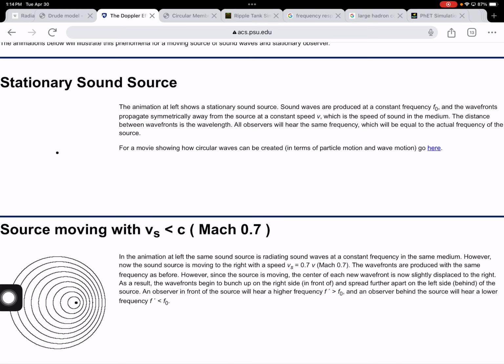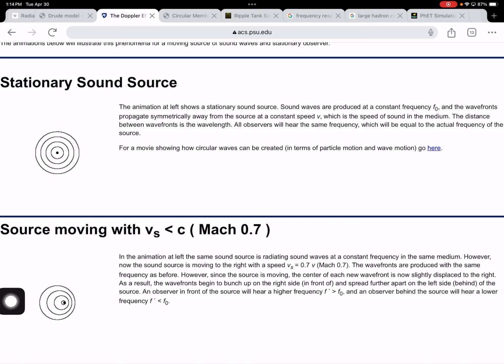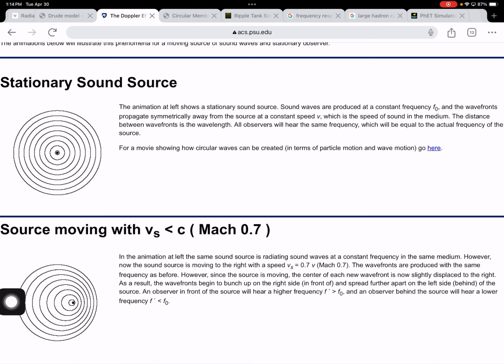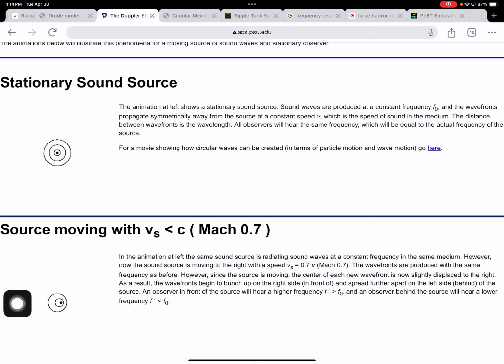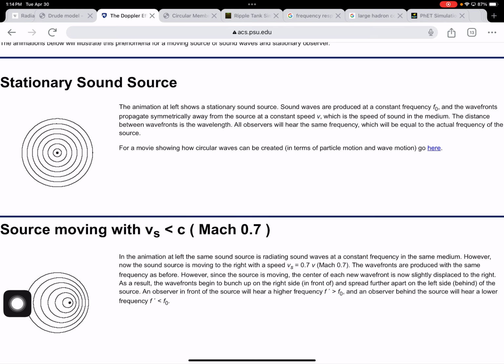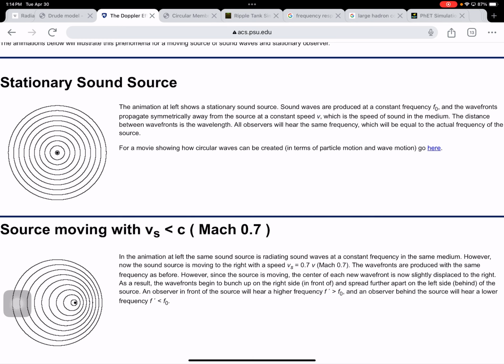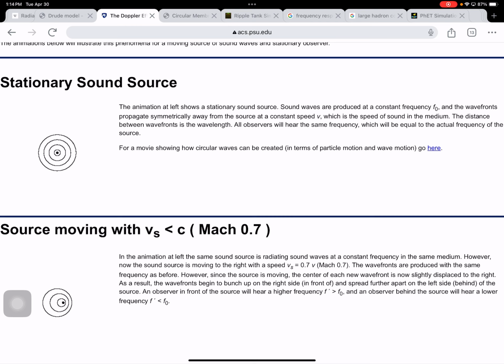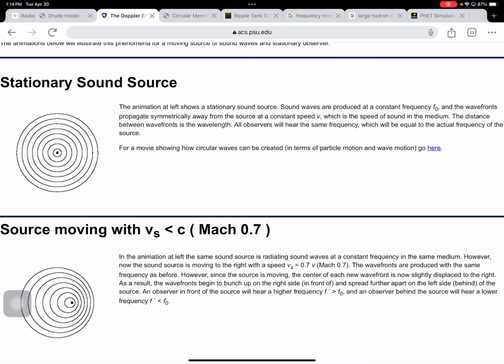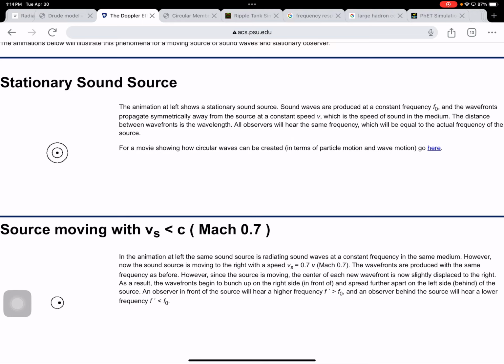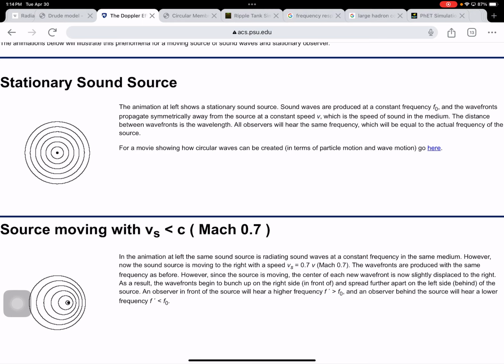If a source is moving away from you, you'll hear less than 100 hertz. So let's say if a source is producing 100 crests a second, based on your relative motion, less or more than 100 crests a second will pass you. And that's the frequency you hear. Okay, so that's the Doppler effect.